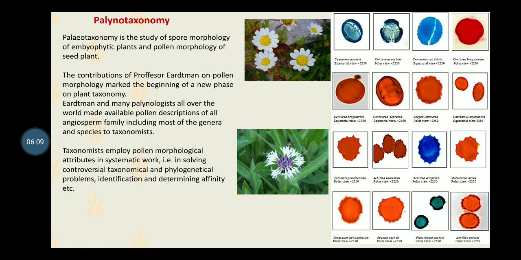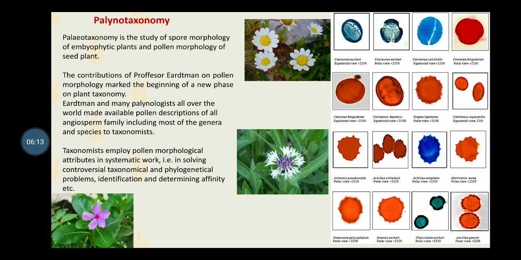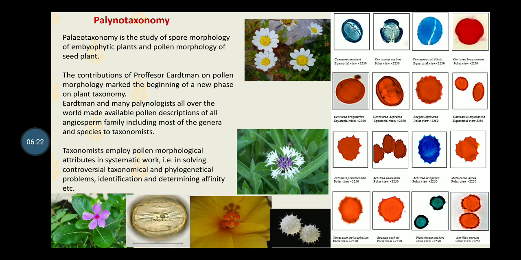the Asteraceae family. And a very common plant to us is Catharanthus roseus. The pollen grain of Catharanthus roseus is like that, and hibiscus, or China rose, is also very common, and the pollen grain is like that.